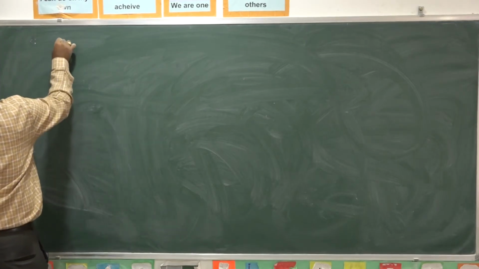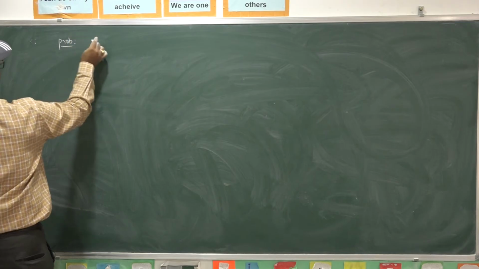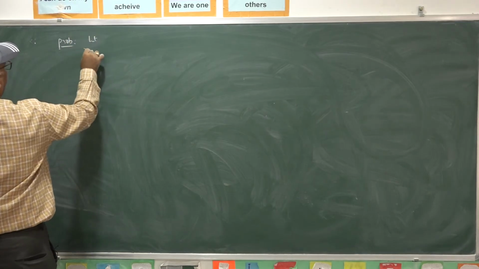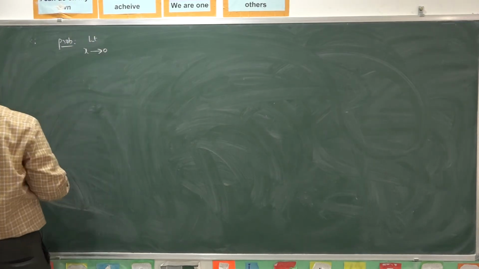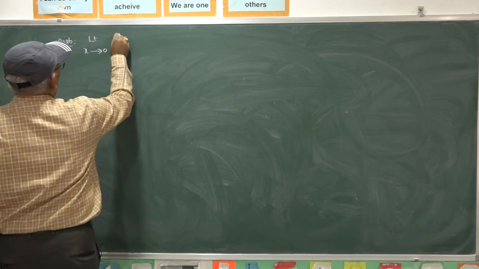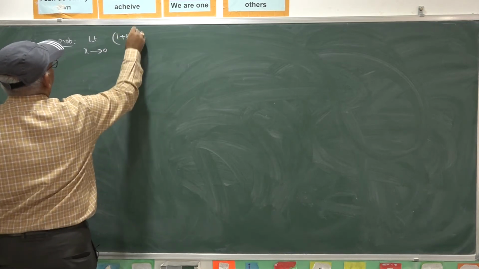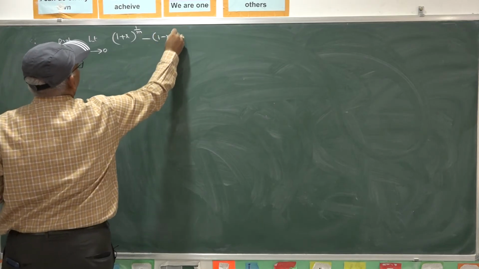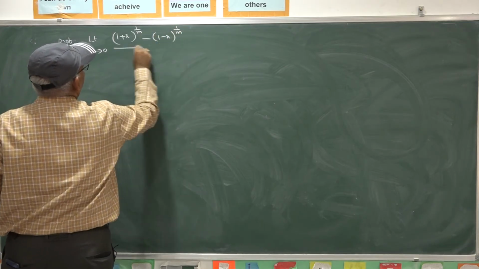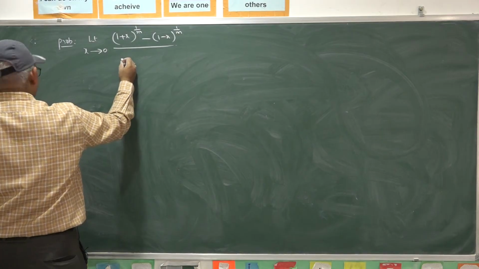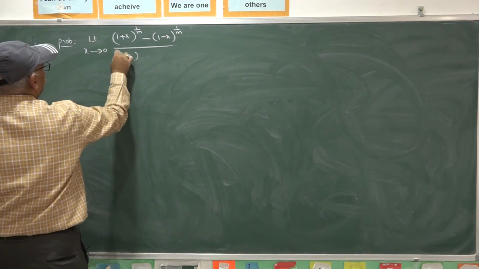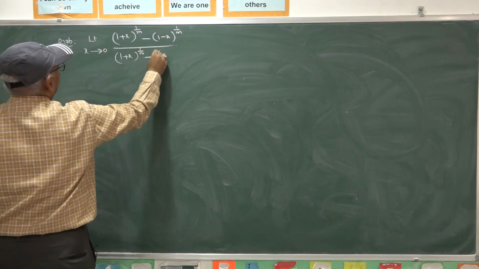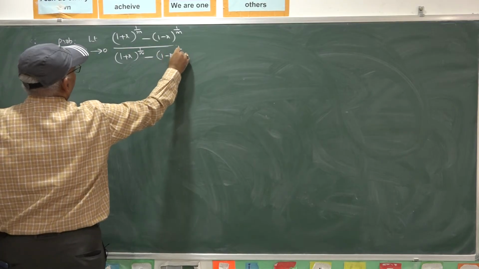Similarly, find the limit as x goes to 0 of (1 plus x) whole power 1 by m minus (1 minus x) whole power 1 by m, by, similarly in the denominator, (1 plus x) whole power 1 by n minus (1 minus x) whole power 1 by n.